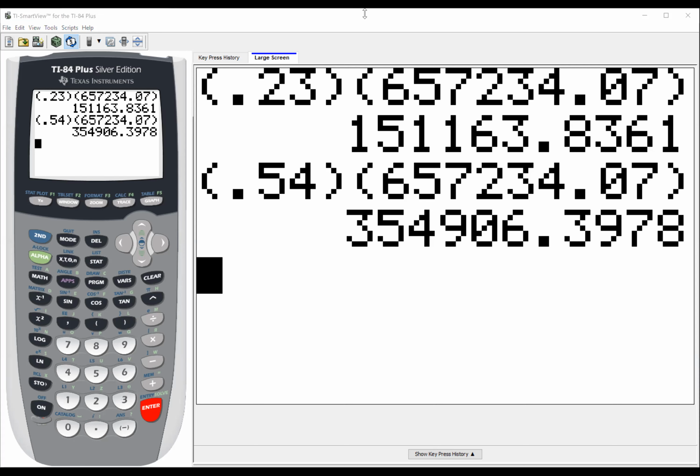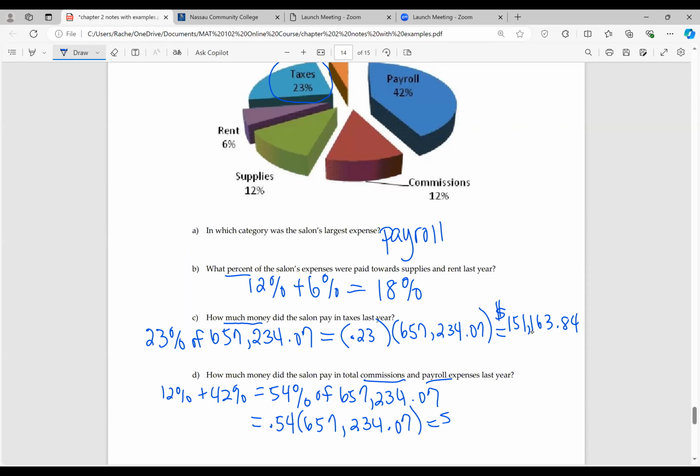And we'll write that down. So it's going to be about $354,906.40 in commissions and payroll. So that's what I expect you to be able to do when you read a pie chart. You should be able to answer questions similar to what we just did.